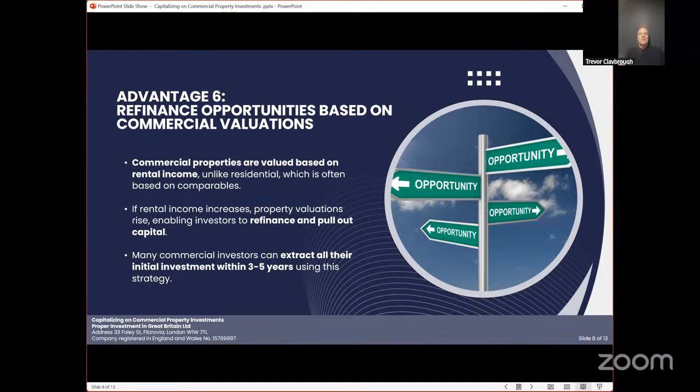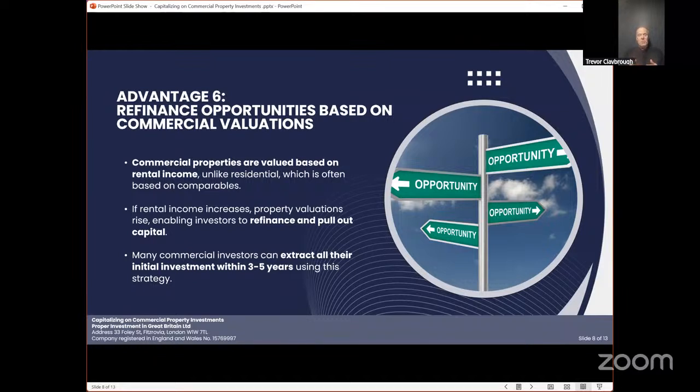To take a simple example, if we've got income of, let's say, £100,000 per year, and a commercial yield of 10%, then 100,000 divided by 10% makes 1 million. If, however, we've got a more reliable, more well-known commercial tenant in there, and to make the calculation simpler, a commercial yield of 5%, then 100,000 divided by 5% makes 2 million, and we've actually doubled the commercial valuation.